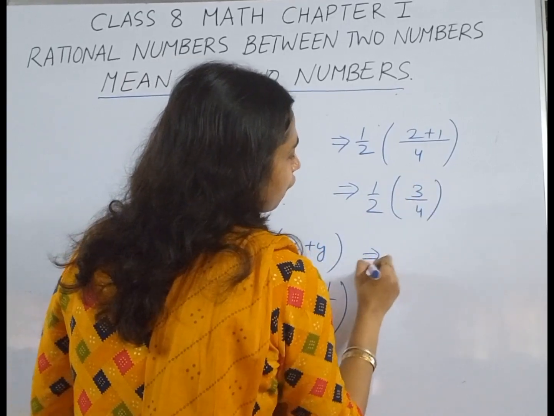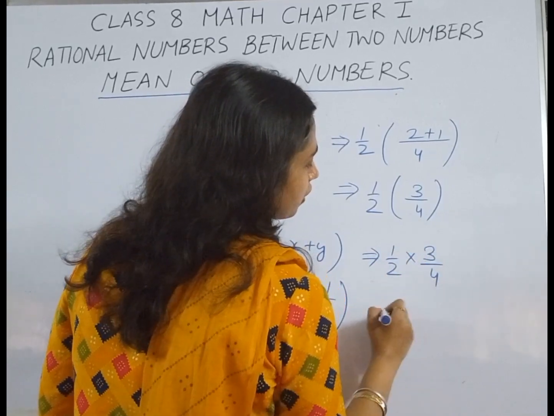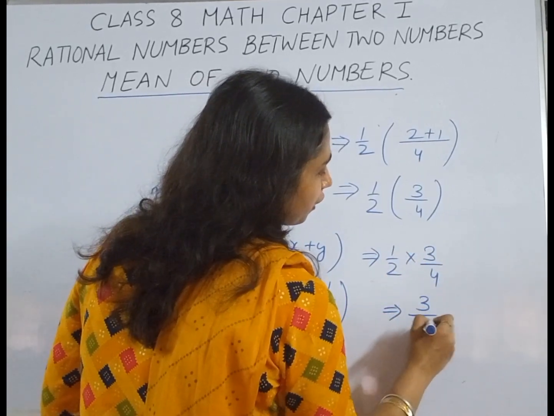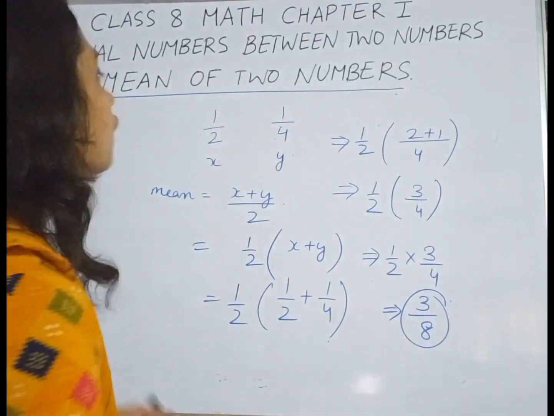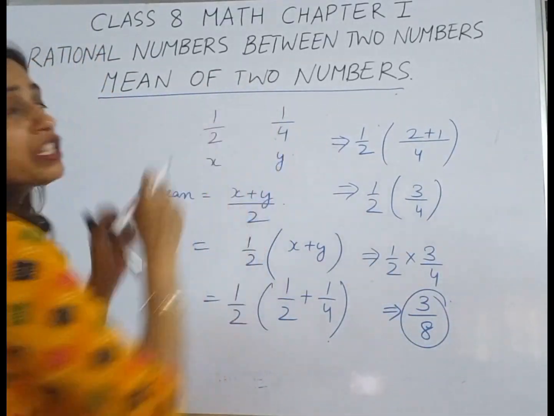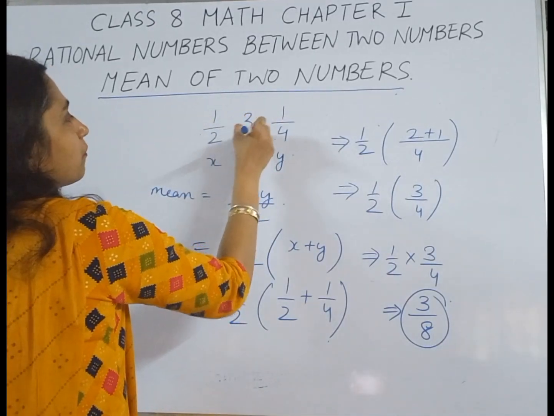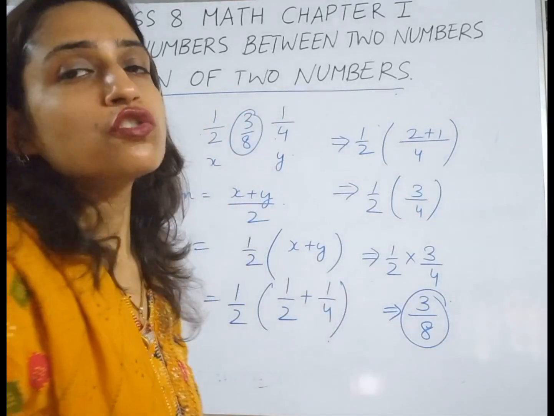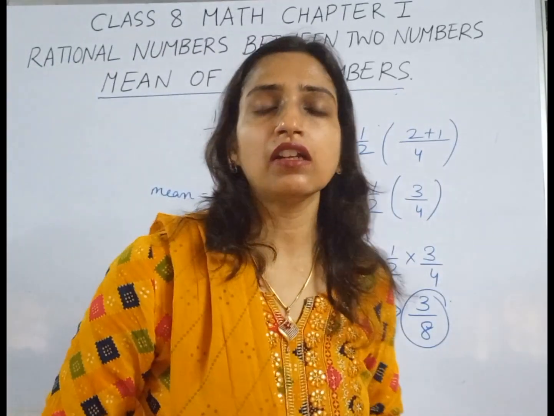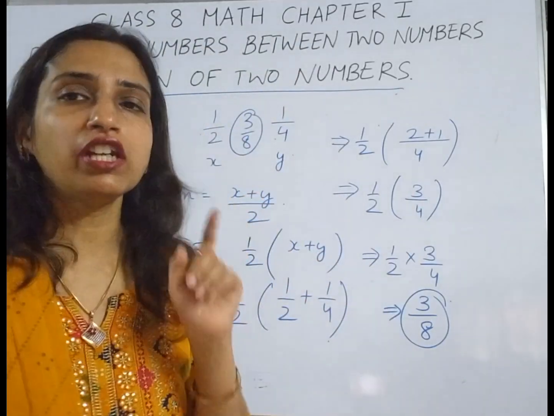That means 1 by 2 multiplied by 3 by 4, which is equal to 3 divided by 8. So this is one rational number which lies exactly between 1 by 2 and 1 by 4. By using this mean method, we can find one rational number between two given numbers.